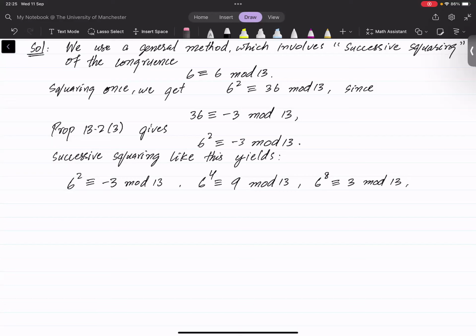And if you go on further, 6 power 16 is congruent to 9 mod 13. 6 power 32 is congruent to minus 3 mod 13. And then 6 power 64 is congruent to 9 mod 13.